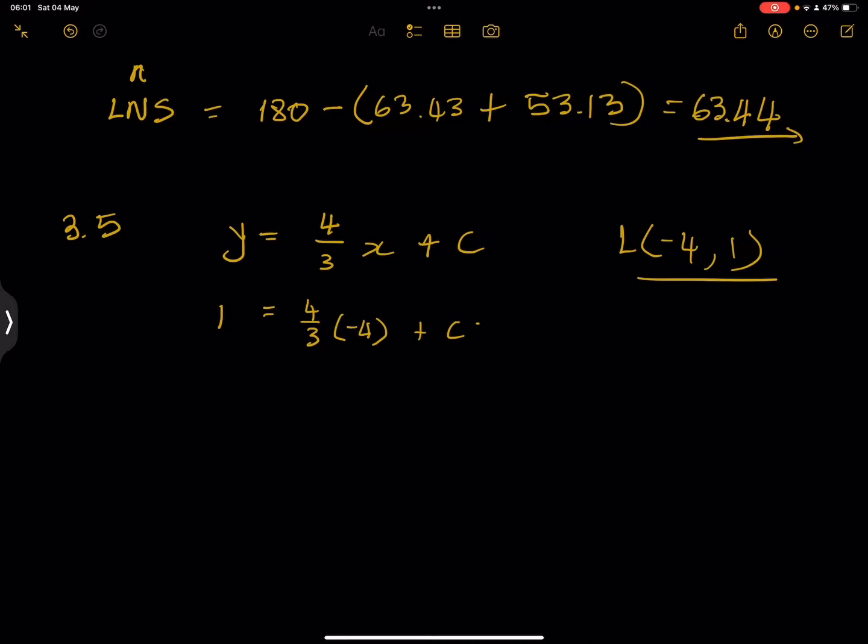So let's find the c value. So we've got 4/3 times -4, which should give me -16/3, plus c. If I take that to the other side, our c value would be equal to 1 plus 16/3. So that gives us 19/3 if I'm not incorrect there.